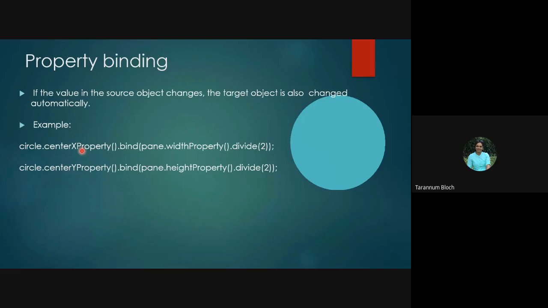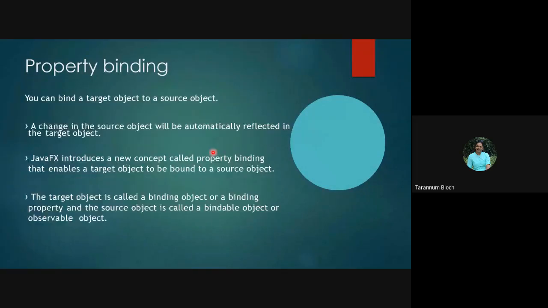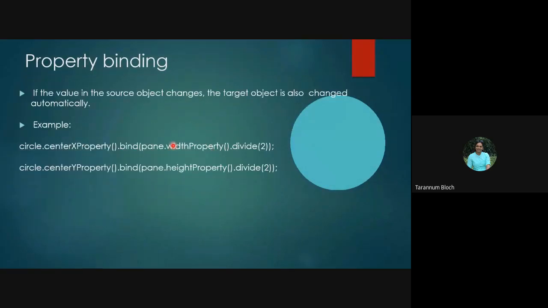Yes or no? Because when we put a circle in a pen, the pen has a certain size, 200 by 200. Now I am decreasing this pen size, making it half, divide by 2. If the circle is inside the pen, obviously the x coordinate and y coordinate will change, right?